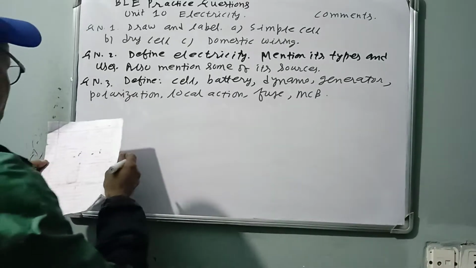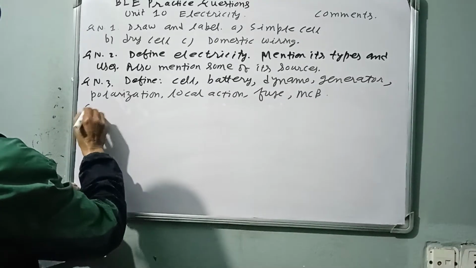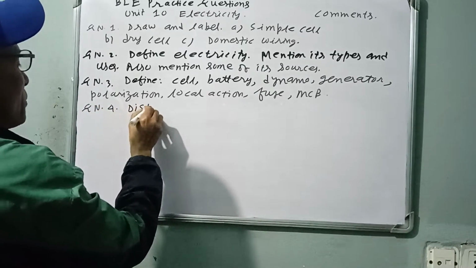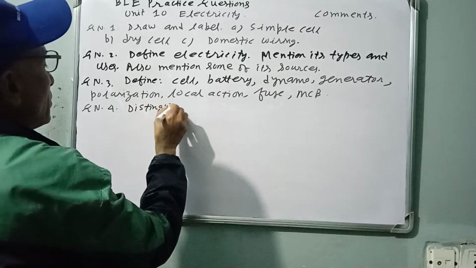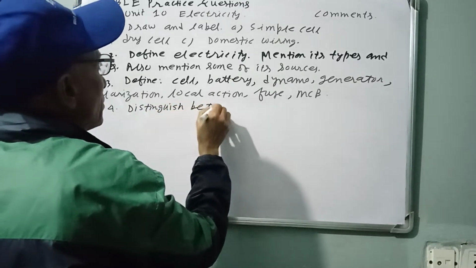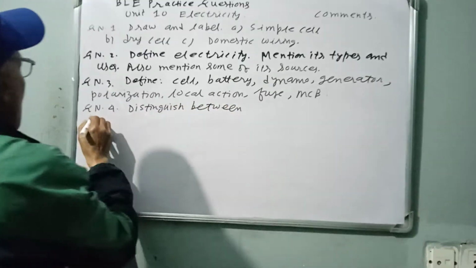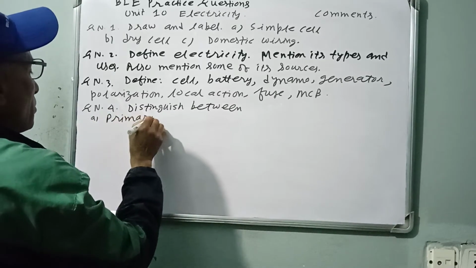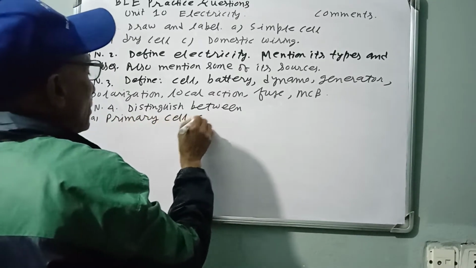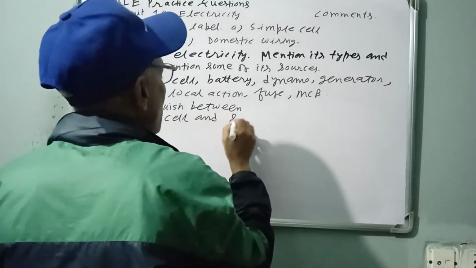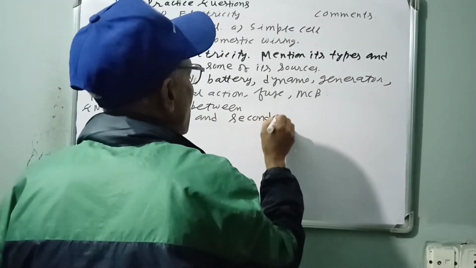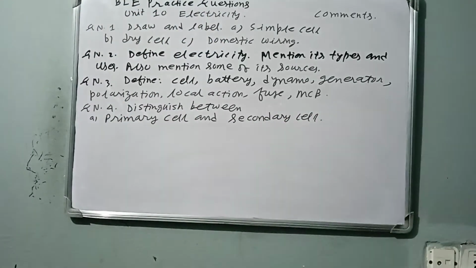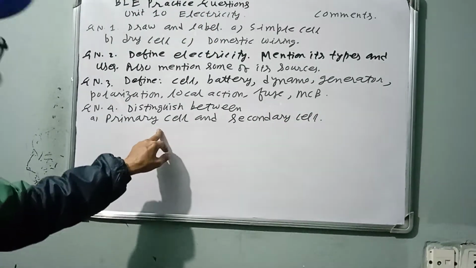And question number 4, which I have already written: distinguish between the following. Number A, primary cell and secondary cell.